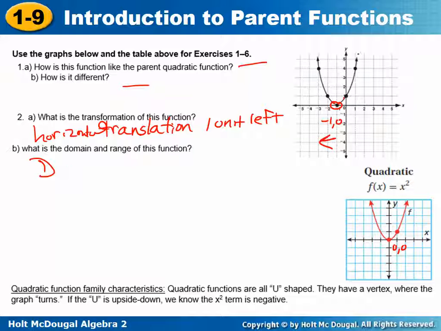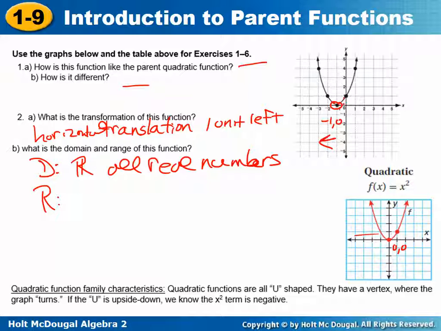Domain. The domain of this function. Is there anything that we can't let x be? Generally, the parent function, this one down here, has a domain of all real numbers, and that's what this would be as well. So you can try to make the fancy R if you want, or you can just say all real numbers. And the range? The range is not all real numbers.